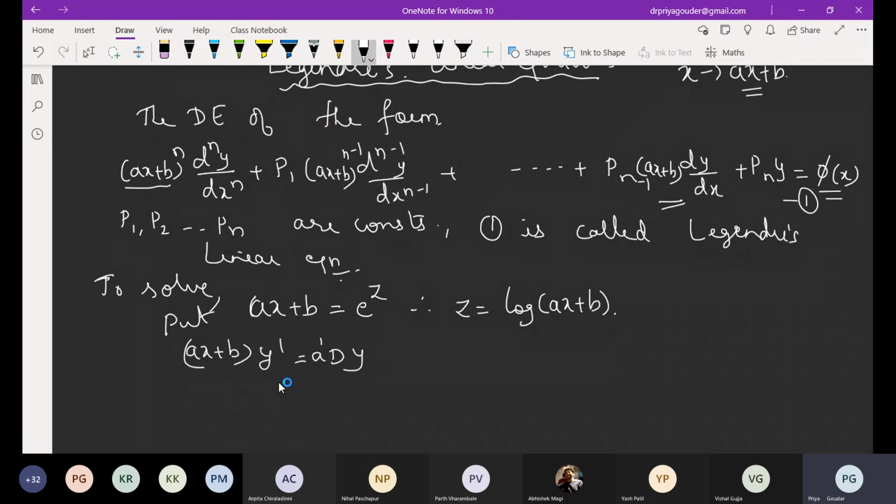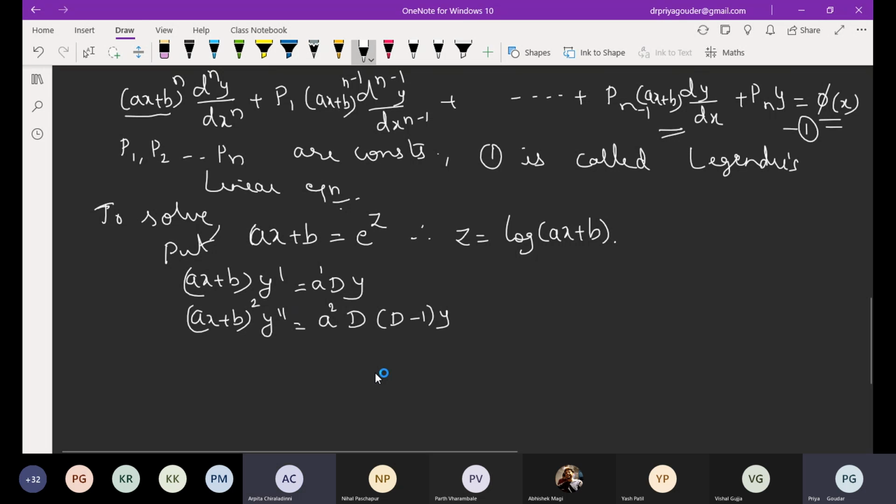Getting it? The change. Similarly, if I take ax plus b whole square into y double dash, what are you expecting? If it is double dash, you are aware it changes to D into D minus 1 into y, as usual. But what is extra? A square is extra. On a comparison basis, you can remember so many things.